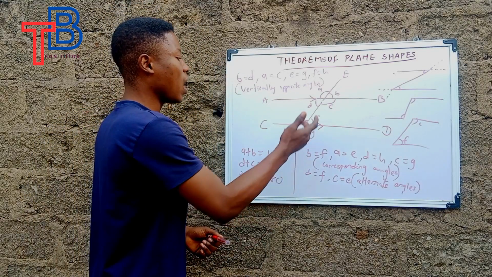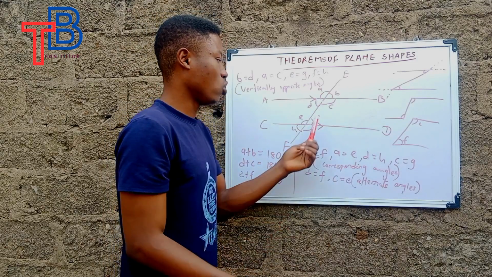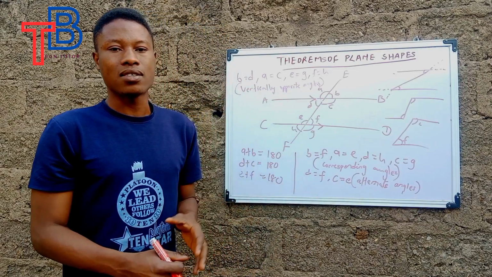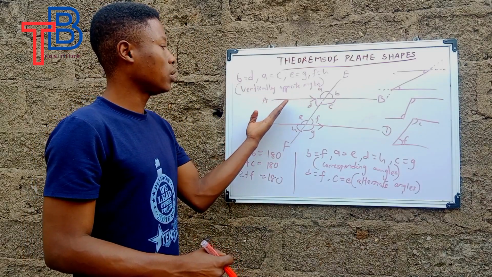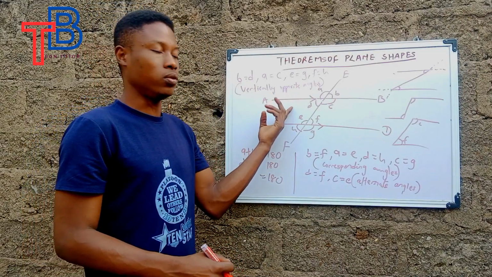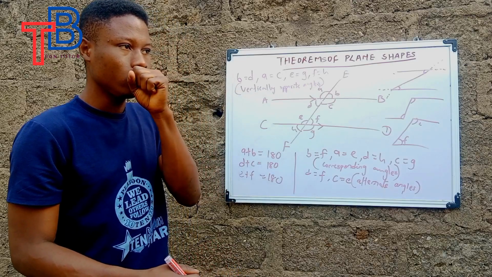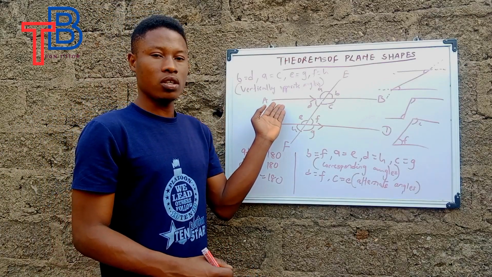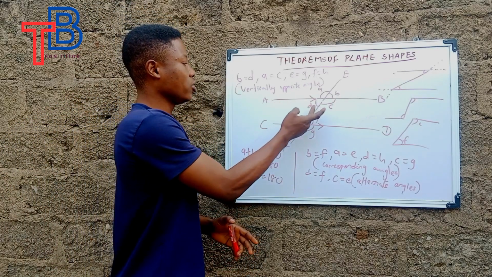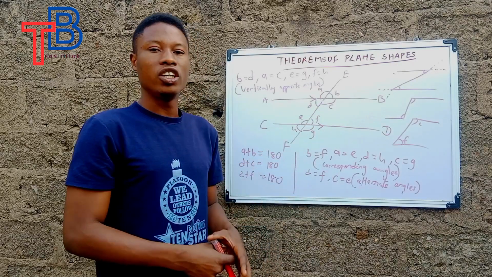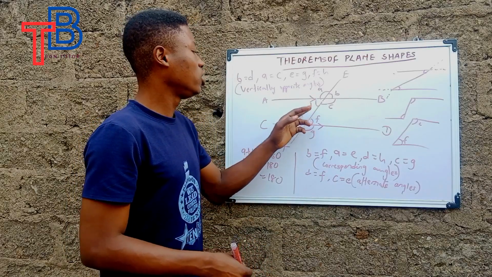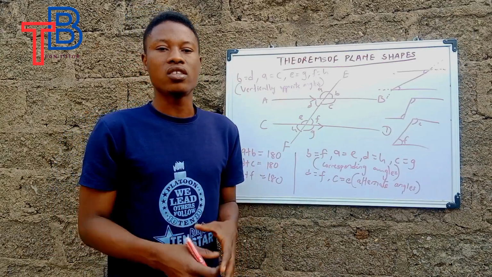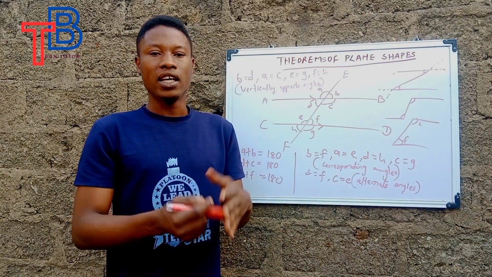Which means if you add your C and your F together, your answer should be 180. The same thing is applicable to this other side also. If you add your D plus your E, it's also supplementary angles. That is, your D plus E also is equal to 180.